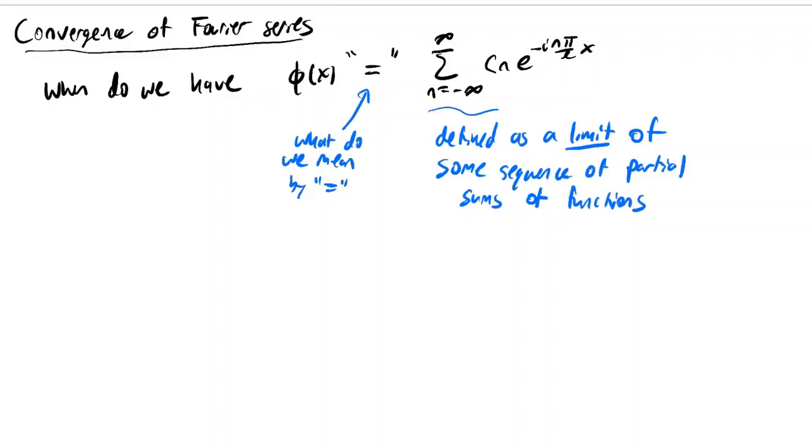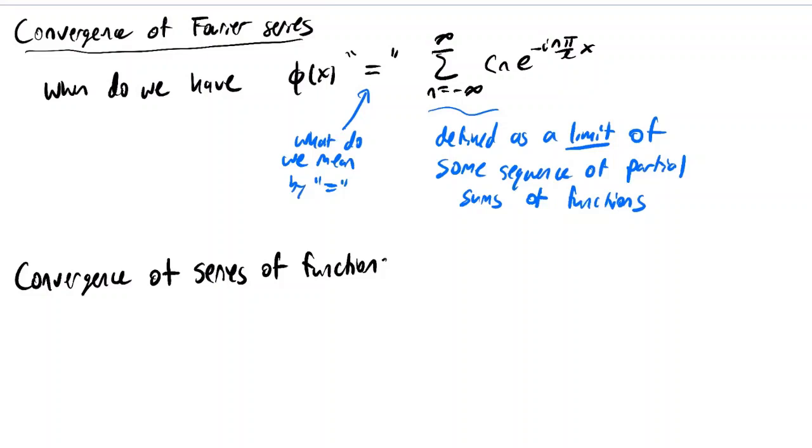And then we can address the question of what we mean by phi being equal to this limit, and in what sense, and so on. In order to address this question more precisely, we first have to take a step back and talk about convergence of series of functions.